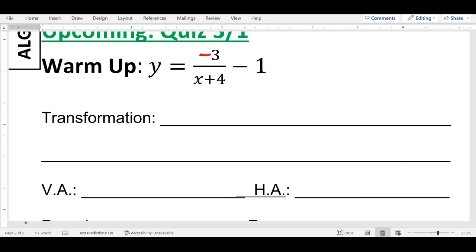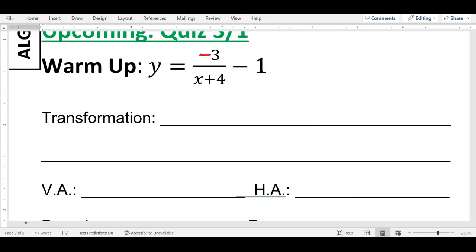Okay. The negative reflects it across the x-axis. We've done this every single unit. Okay. So I think we should learn this by now. Everybody, negative means it reflects across the x-axis. Cool? All right. So we have a reflection.